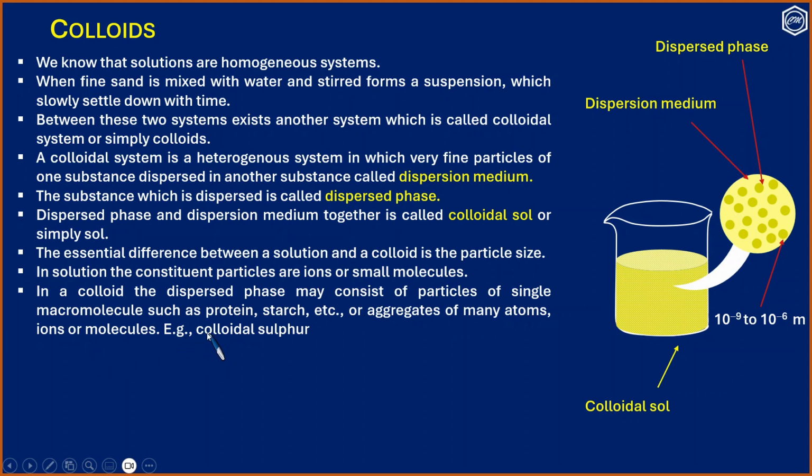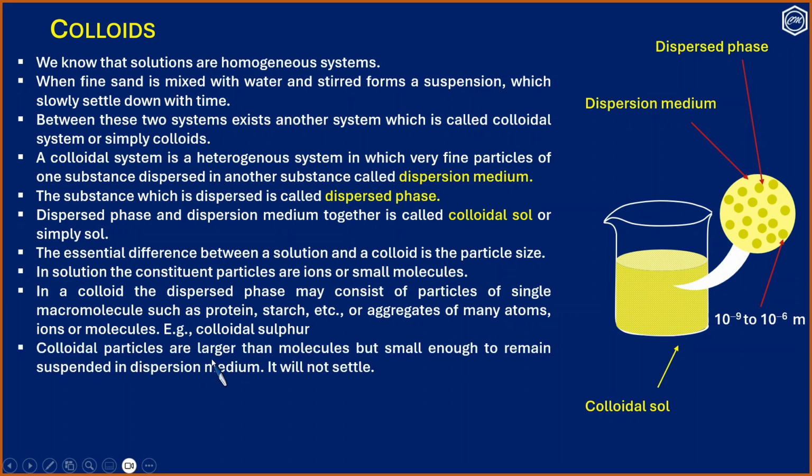An example is colloidal sulfur. Colloidal particles are larger than molecules but small enough to remain suspended in the dispersion medium. They will not settle down. The size varies between 10 raised to minus 9 to 10 raised to minus 6 meter.